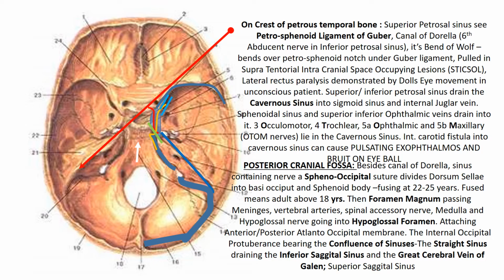Now if they ask you how would you test the lateral rectus in an unconscious patient, if you roll the head from left to right, the eyes tend to remain fixed, and because of the paralysis of the lateral rectus, that side eye will not be fixed. So this is called the doll's eye movement, and that's how you test the nerve.